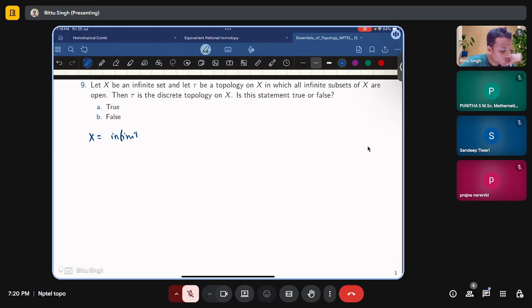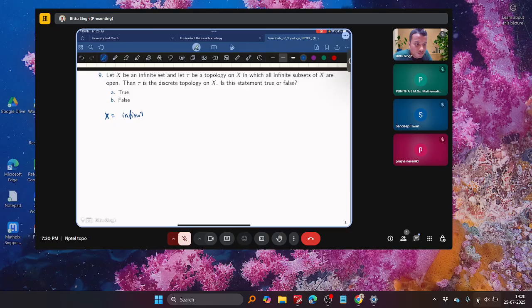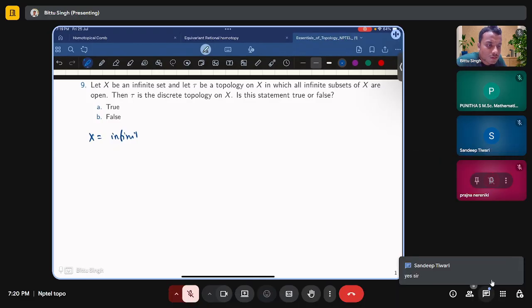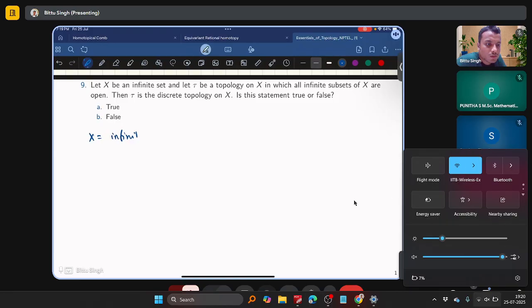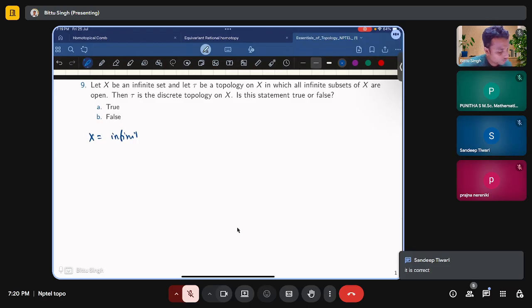So we need to see whether we can get all those finite pieces also. Can we retrieve those pieces or not? Okay, so let us see.